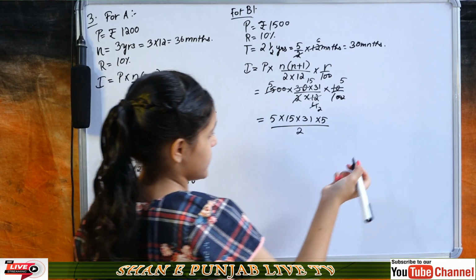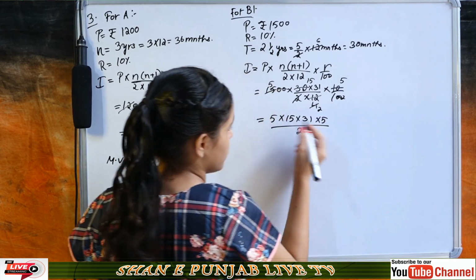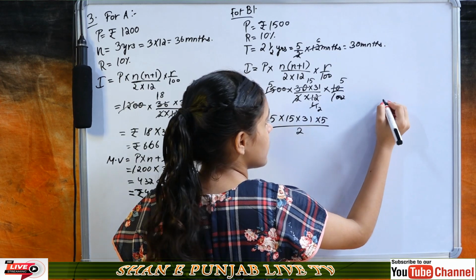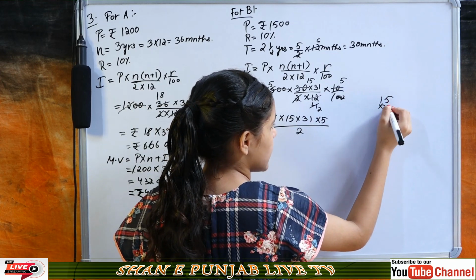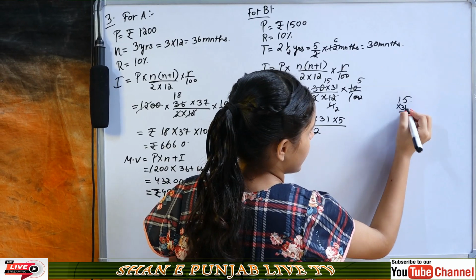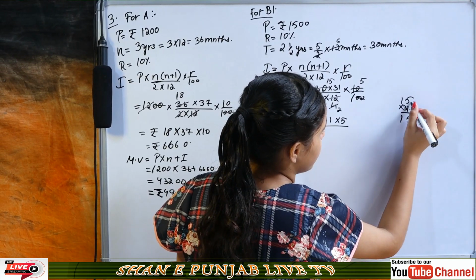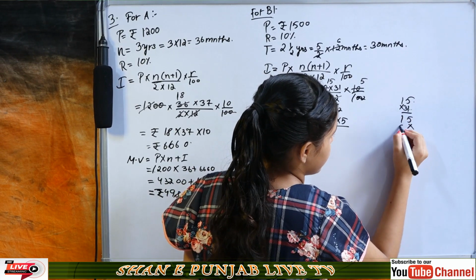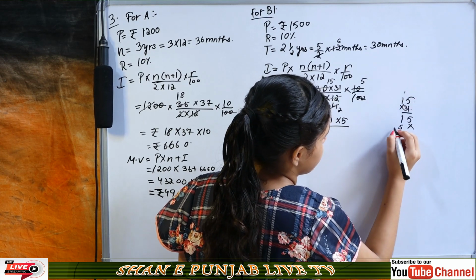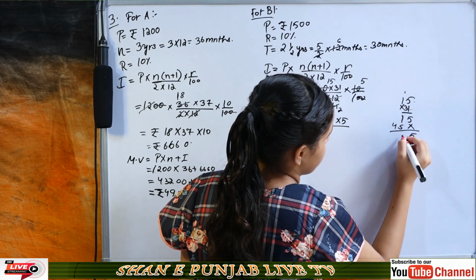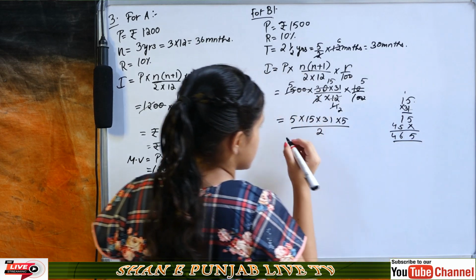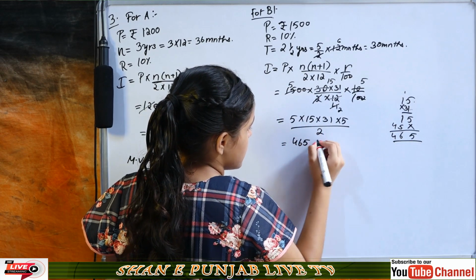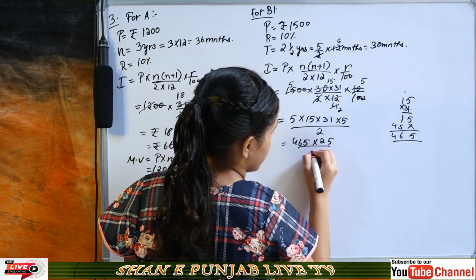Now multiplication. 5 into 5 is 25. 15 into 31, 465. 465 into 25 by 2.